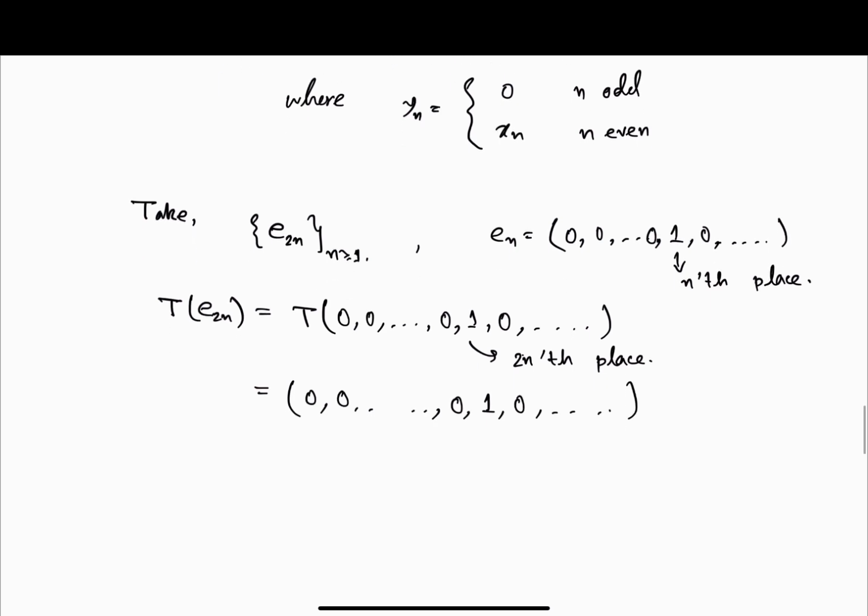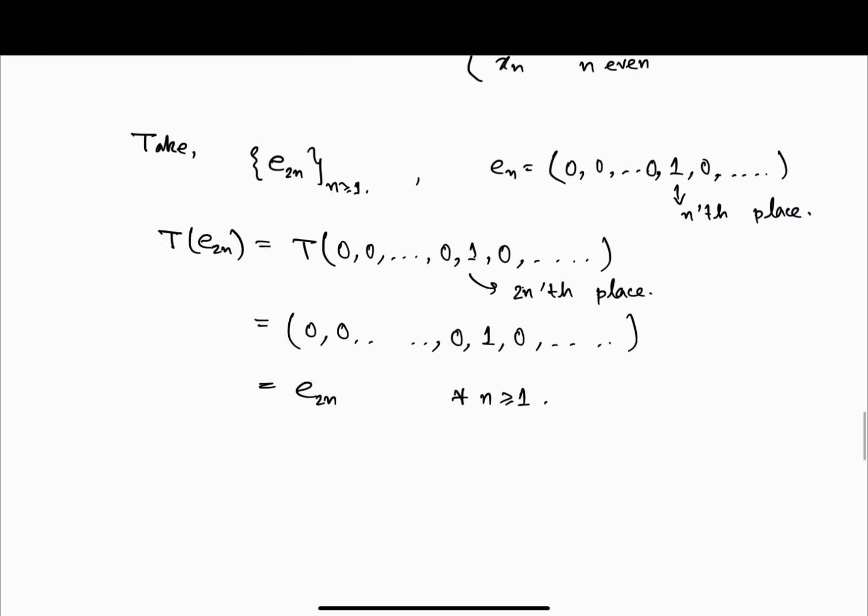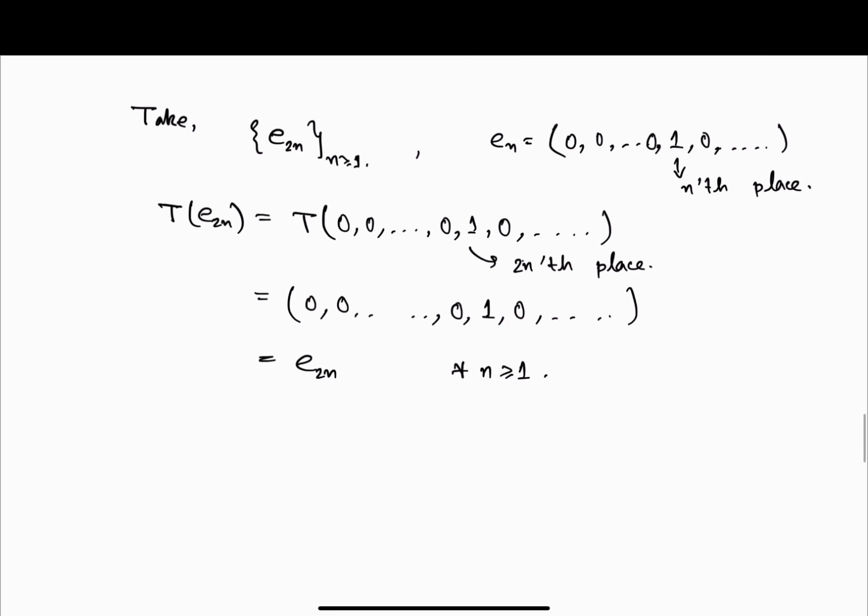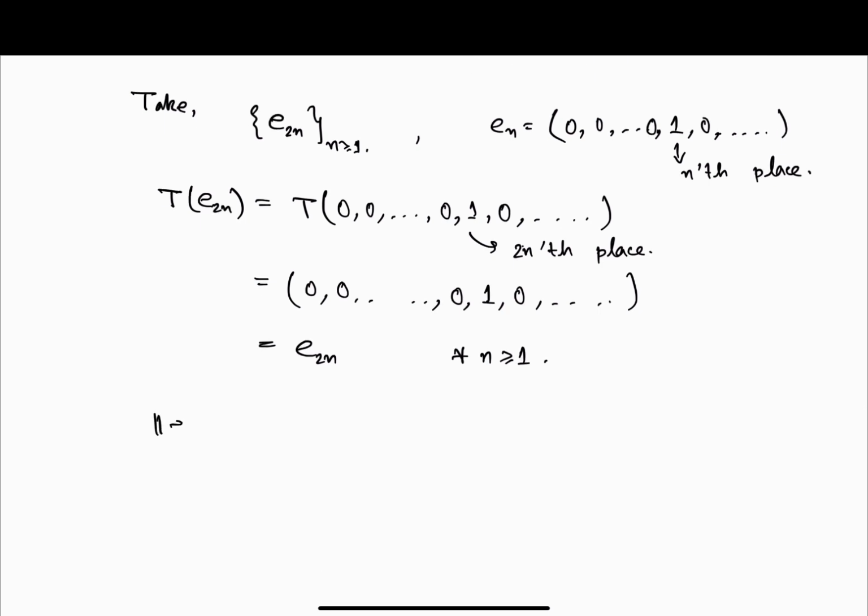So it maps to the same: T of E2n is E2n for all n. And what is the L2 norm of E2n? As earlier, this is again norm 1.